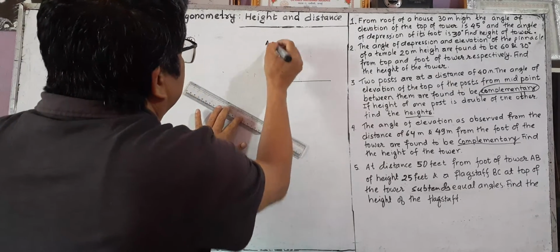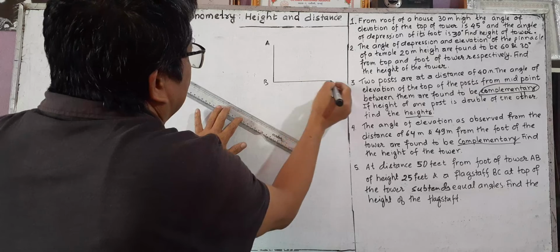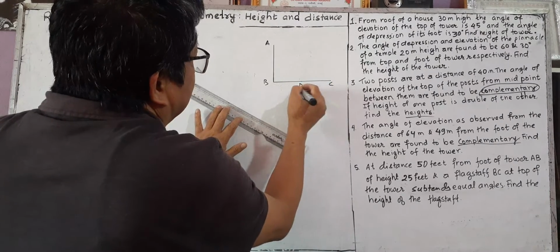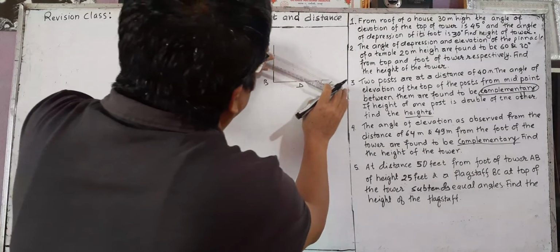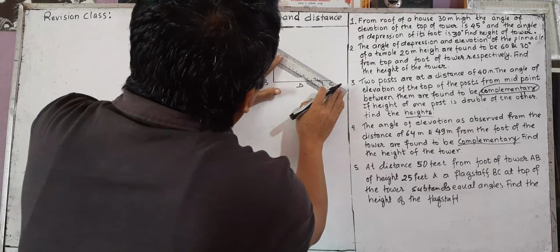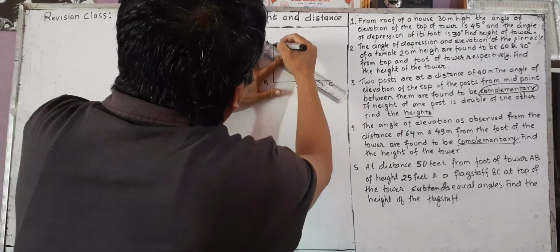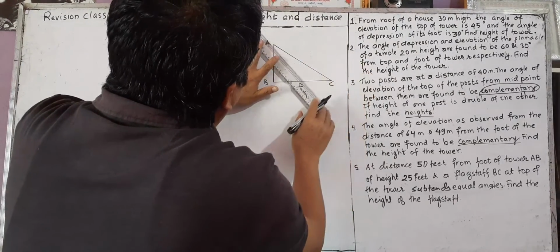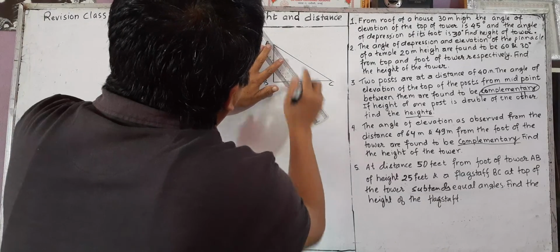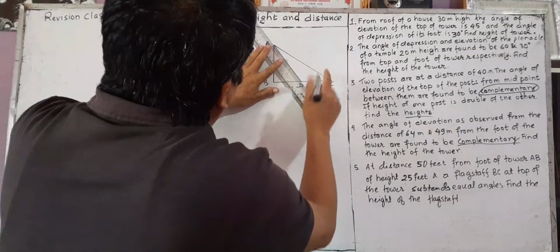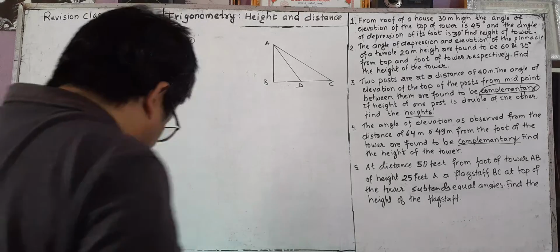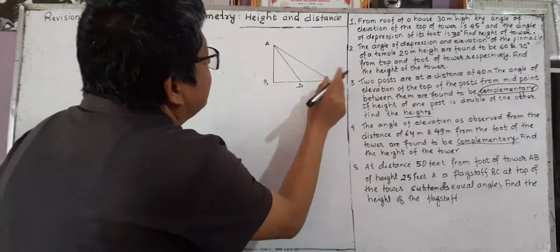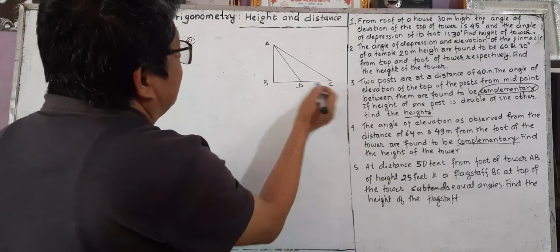Say AB is the height of the tower and C and D are two points at a distance of 64 and 49 meters.